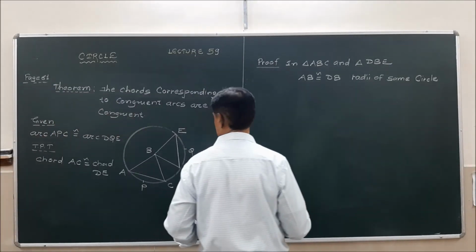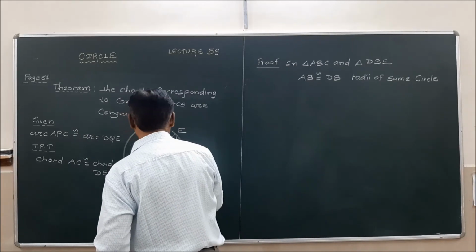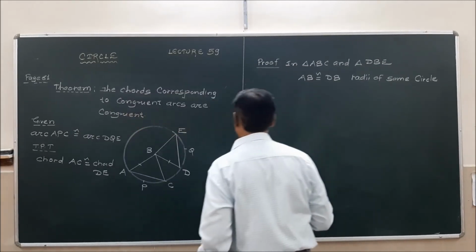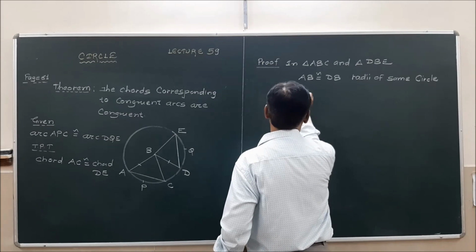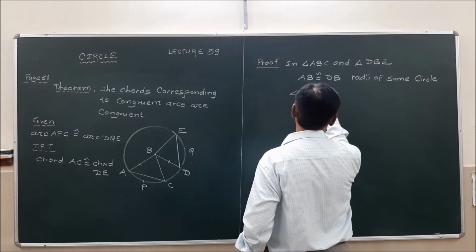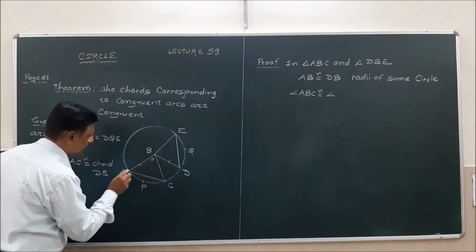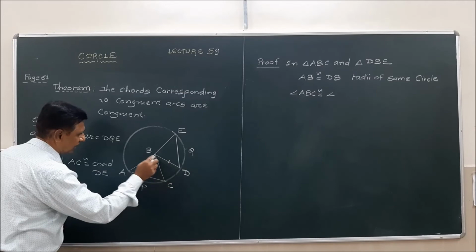Now please try to understand. This is very important. Angle ABC is congruent to angle DBE.